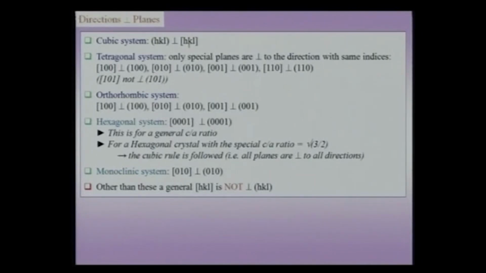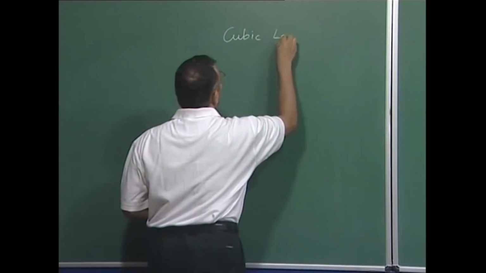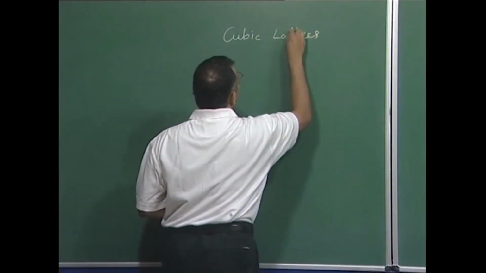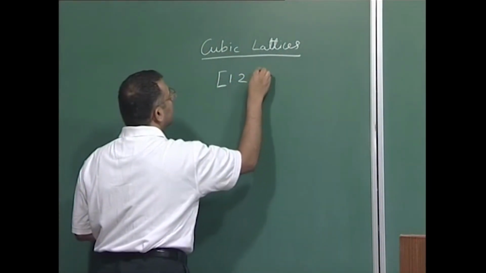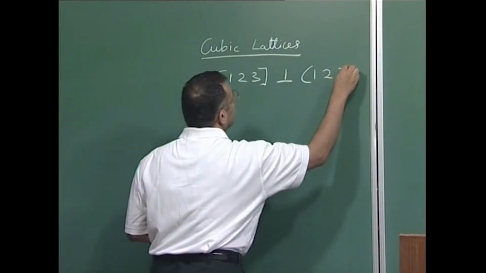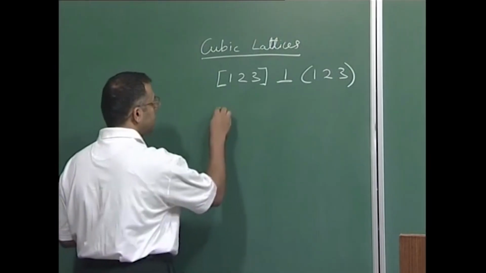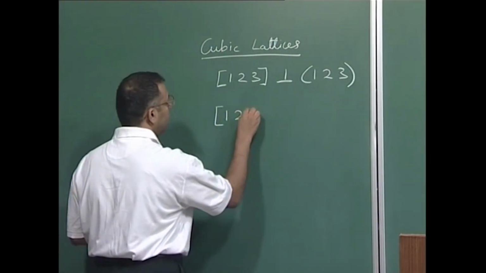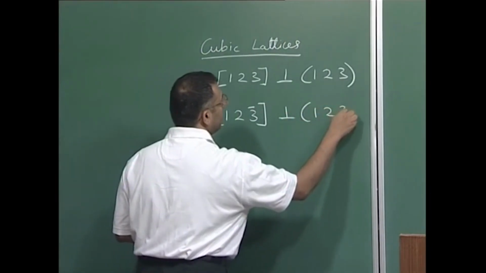So let me write this down. Correspondingly, for any other direction, for instance, a 1, 2, 3 bar direction, this will be perpendicular to the 1, 2, 3 bar plane.